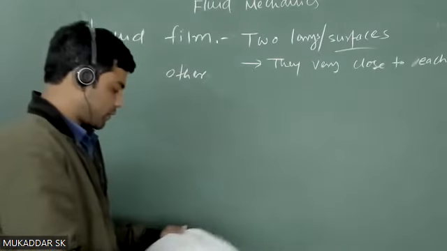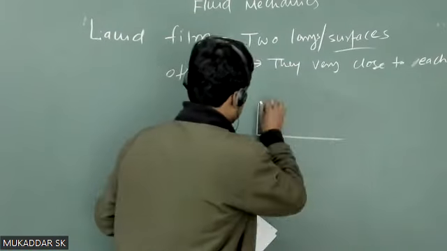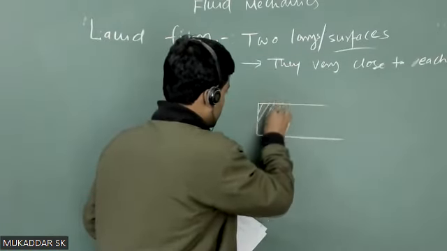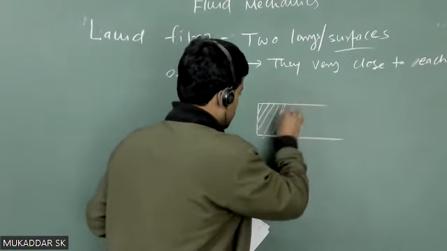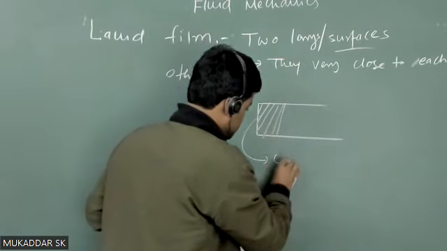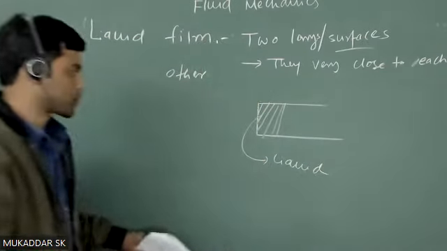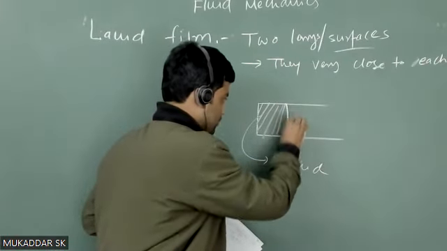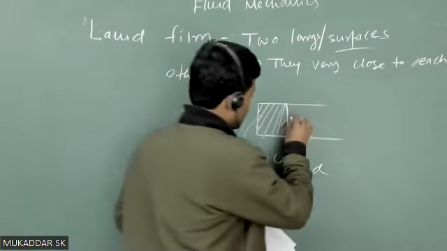So suppose I have this kind of shape, and you have a liquid, filled with liquid. This is the liquid, and you have a sliding wire.